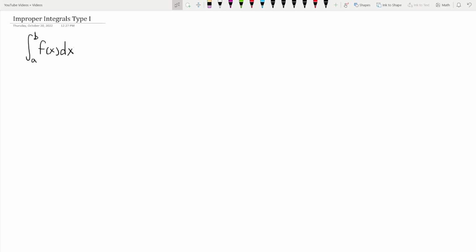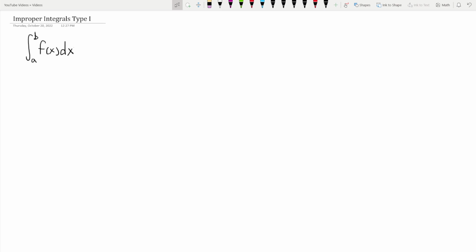So we're going to start with what are called type 1 improper integrals. All right, so an improper integral is any one of the types that I just described.